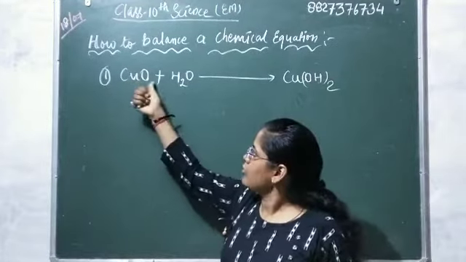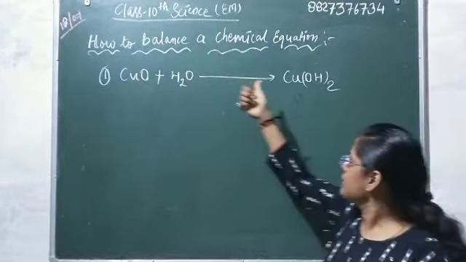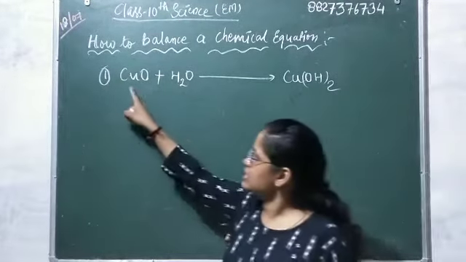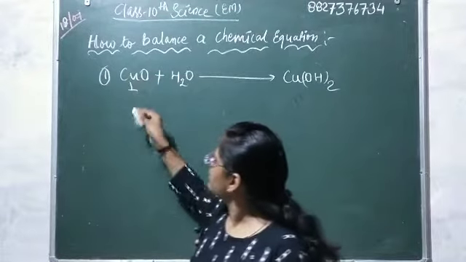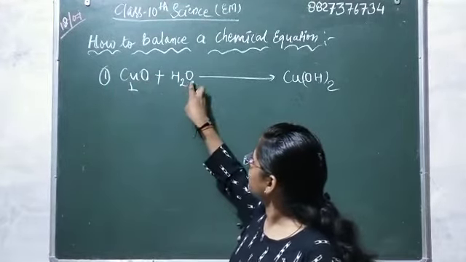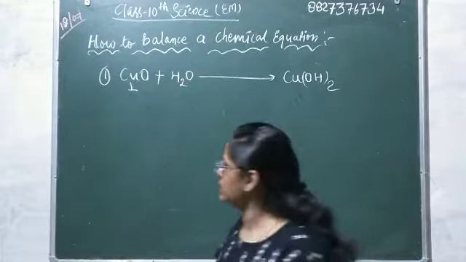When copper oxide reacts with water, it forms copper hydroxide. Here you can see one element of copper and one and two elements of oxygen.